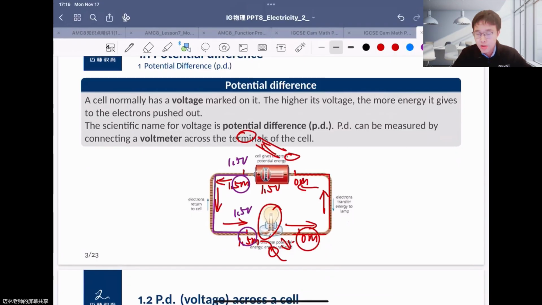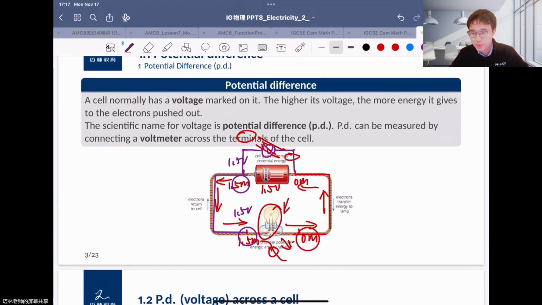So we can say there's a height difference across the battery, like a water pump. On the left of the battery and on the right of the battery, there is a potential difference of 1.5 volts. For the lamp, it also has 1.5 volts, like 1.5 meters. If you want to measure it, you have to use a voltmeter to detect the potential difference, like a height difference gauge measuring the height difference between two places in a river.